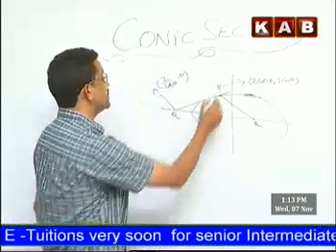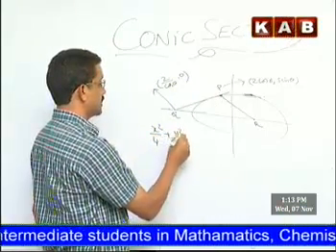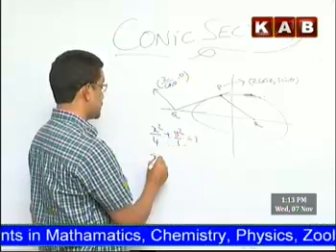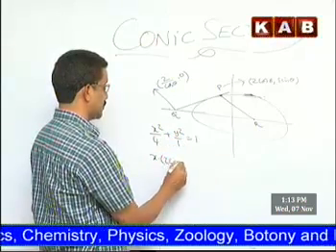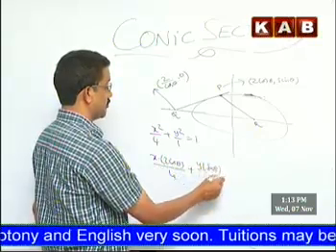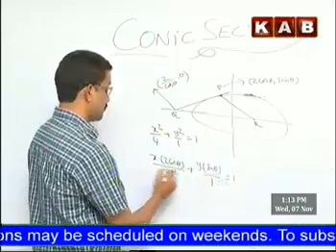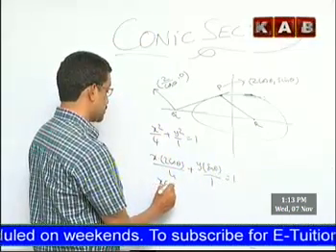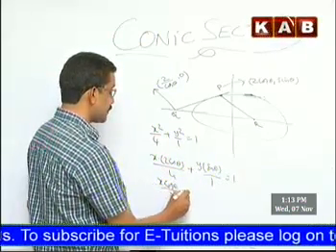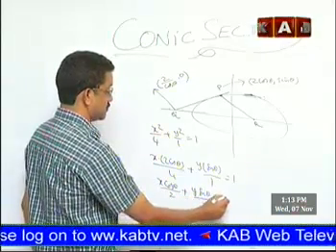Now the tangent at P is, as you have already seen, x into 2 cos theta by 4 plus y into sin theta by 1 is 1. Simplified, x cos theta by 2 plus y sin theta by 1 is equal to 1.